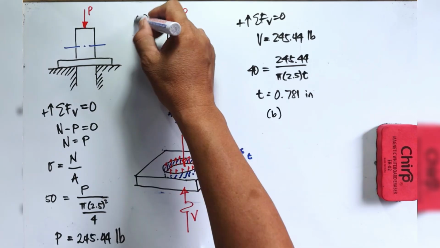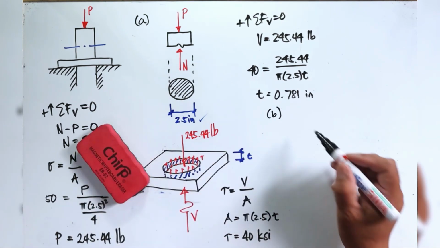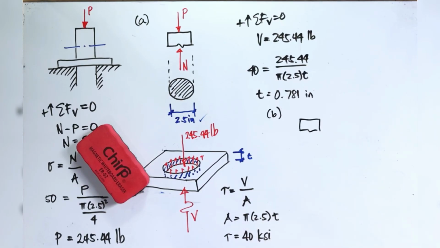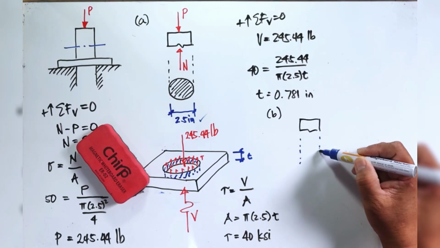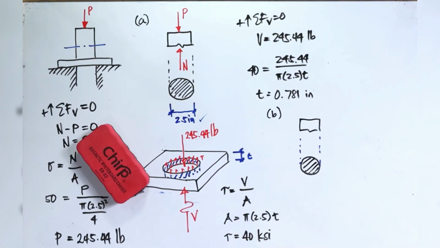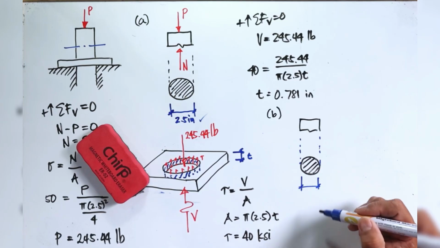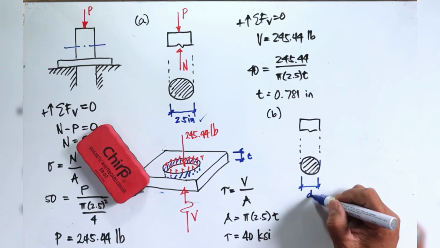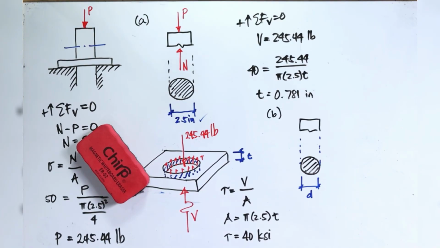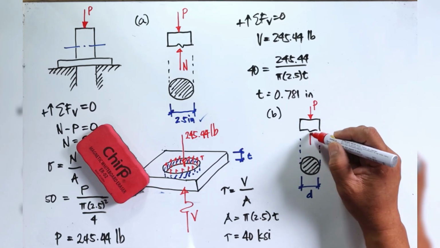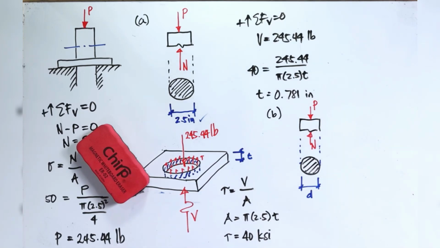So let's go back to the compressive stress. So for the compressive stress, this is the area, but the diameter here is unknown. Okay? So again, we have our external load P resisted by the internal load N. Again, N is equal to P. Okay?